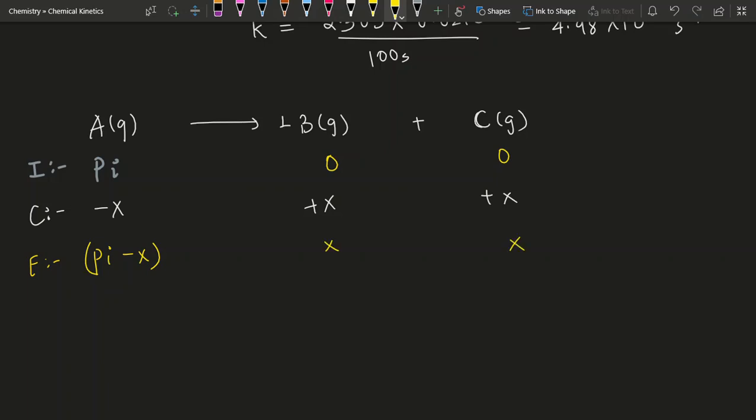Now, if you are given the final pressure at whatever time, at time t, let's take capital T here just to avoid any confusion, the total pressure of the system is P total. And then you can cancel these x's out.